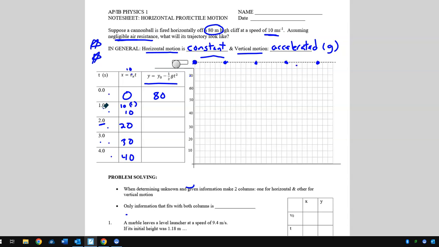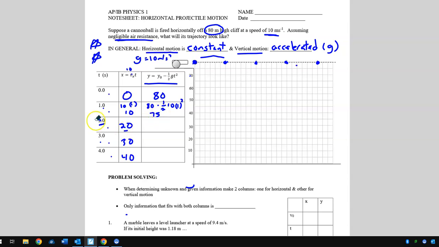Actually, not how far it's fallen, but what height is it, which is where we started, minus how far it's fallen. Well, this is going to be y naught, 80, minus 1/2, and we're going to say g is 10 here, 10 meters per second per second. I know there's a lot of 10s in this problem, but hopefully that's not confusing. Rather than using 9.8, 10 is much easier. So I can say 10 times 1 squared. 1 squared is 1 times 10 is 10. Half of that is 5. 80 minus 5 is 75.